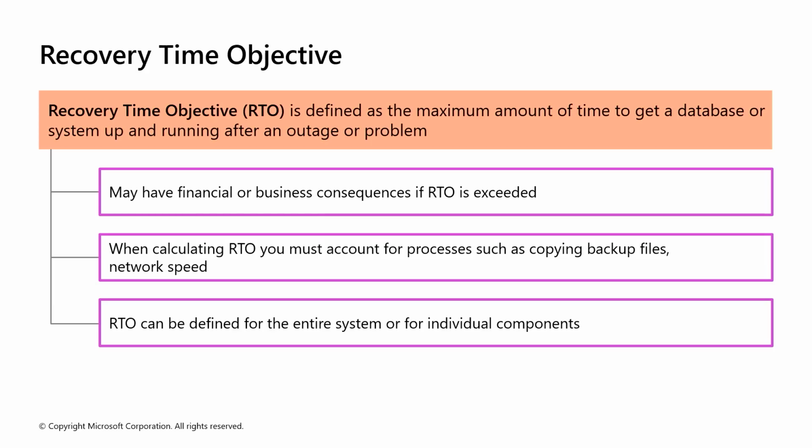RTO is a critical metric in disaster recovery planning, helping organizations set realistic recovery goals and allocating resources effectively. Benefits include minimizing downtime, protecting revenue, and maintaining service continuity. Use cases range from ensuring rapid recovery of online banking systems to restoring production databases in manufacturing environments within a defined time window, and more.